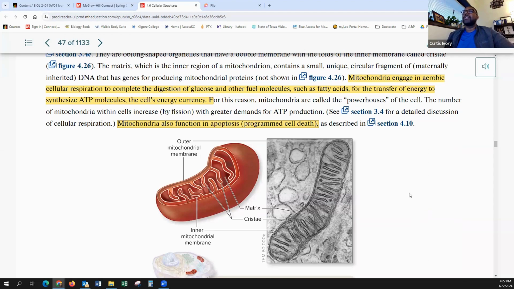Another thing to think about too, programmed cell death. When we're all in the mother's womb, if you look at your hands, there's this little webbing in your hands. If you've ever seen duck feet, their feet have this thin little layer in between their toes, essentially. It's called webbing.